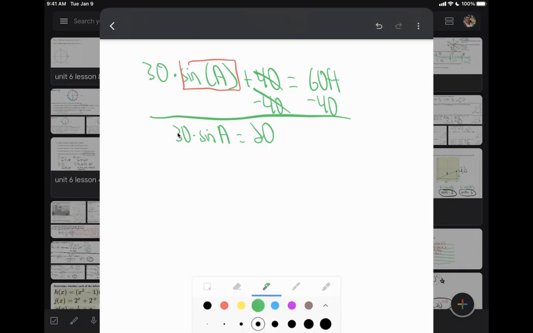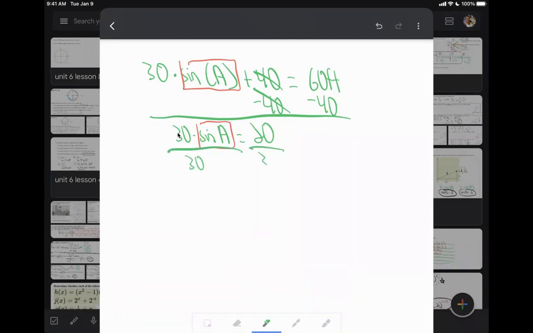All right. And again, I'm solving for sine of A. So to get rid of the 30, I have to divide both sides by 30. So I end up with sine of A equals 20 divided by 30. 20 divided by 30 is equivalent to 2/3.